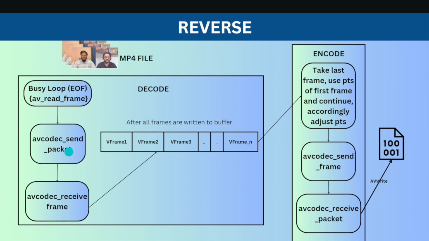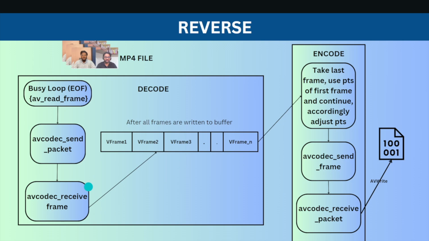Whatever packet we receive from this busy loop, we send that packet, and that packet will be in compressed format. That compressed data will be decompressed and converted into a frame, and that frame will be received via avcodec_receive_frame. So avcodec_receive_frame will be receiving a decompressed frame, also called a raw frame.